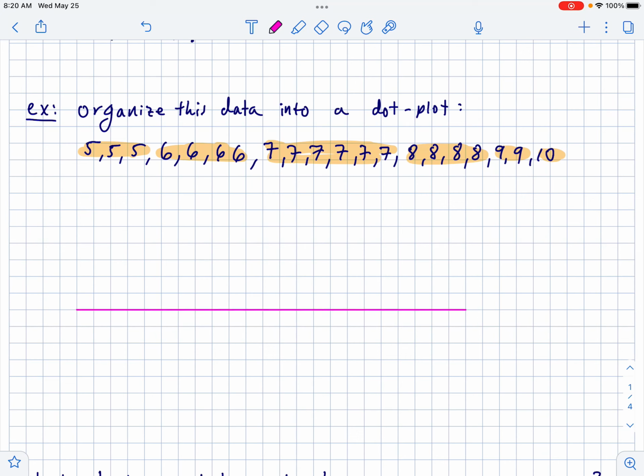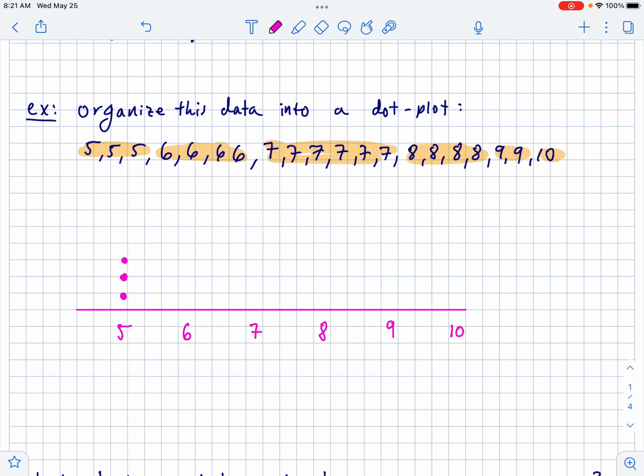So if I'm going to set up a dot plot, you literally just put the numbers underneath a line, just the individual numbers, not any of the repeats. So like this would be 5, 6, how many did I skip? 3, 7, 8, 9, and 10. Then above each of these numbers, you put how many dots there are of that number, the frequency essentially.